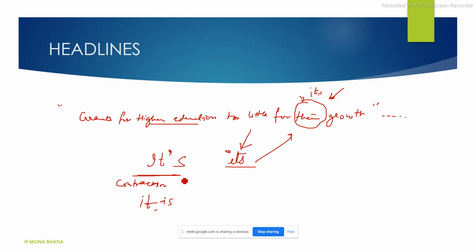Okay, ma'am. So always remember, when IT में apostrophe आया है, it is a contraction of it is. हम लोग करते हैं ना, जैसे do not को हम लोग don't कर देते हैं, right? Apostrophe डाल के ऐसे लिखते हैं ना, we put this apostrophe. So this is the contraction, whereas we'll be using its, okay, for its growth.